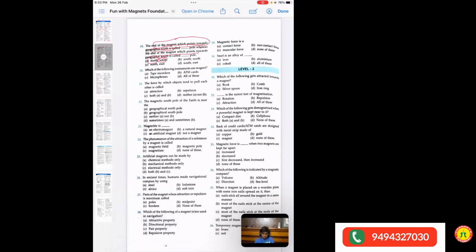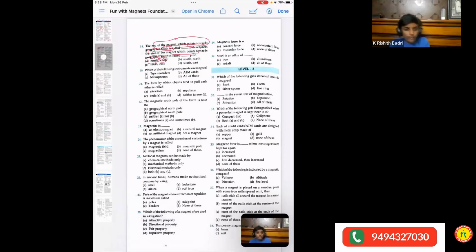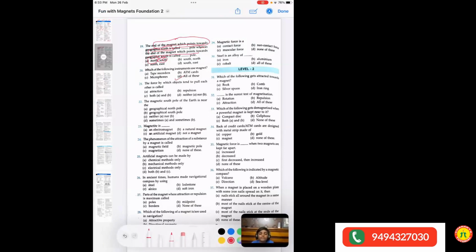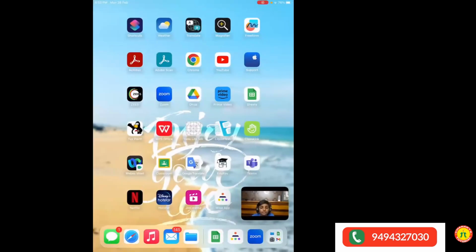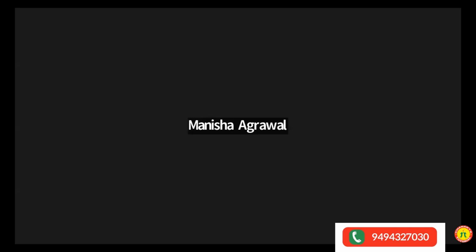Okay, Rishit, question number 20. Yes, ma'am. Which of the following instruments use magnet? Ma'am, all of these. Correct. So tape recorder, microphones, ATM cards, they all will be using the magnets. Okay, go for the question number 21 to 30 now.